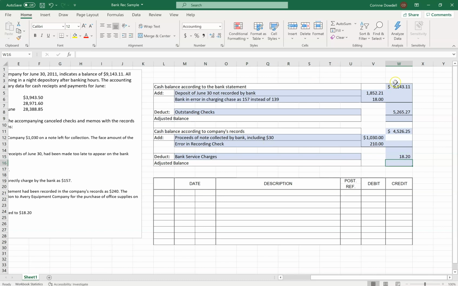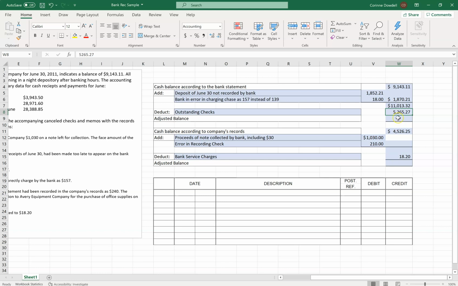All right, so now let's do some calculating. We had these two that are going to be added together. Just like we do in our financial statements, if it's something that's going to have a subtotal, the numbers go in the left column and then the final number goes over in the right. So we're going to auto sum these two. We add in what the bank said we had, plus the things that we know happened.